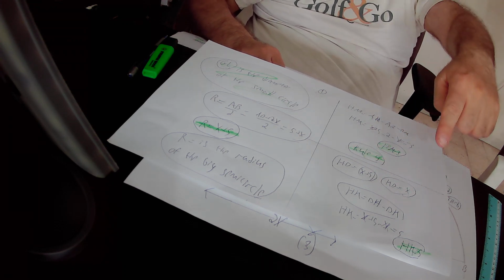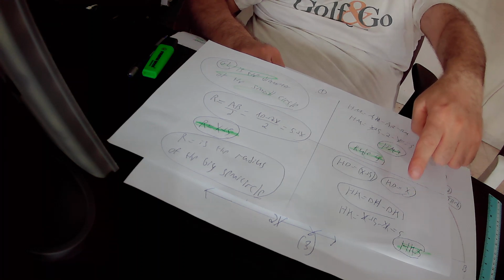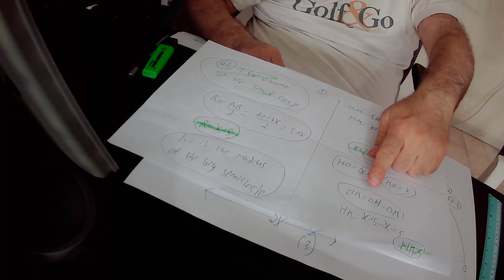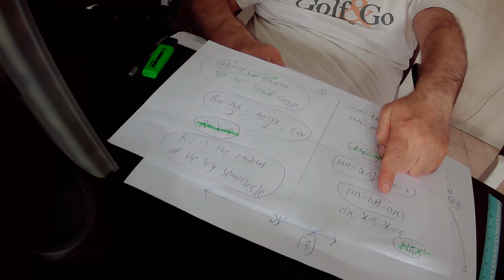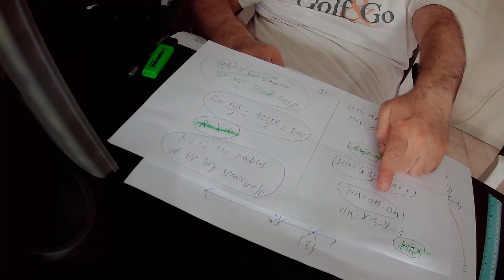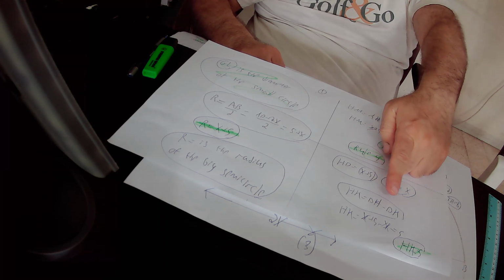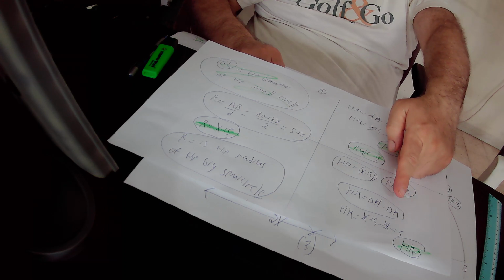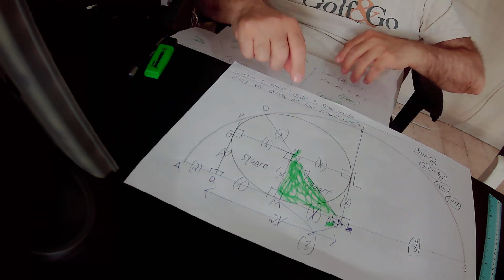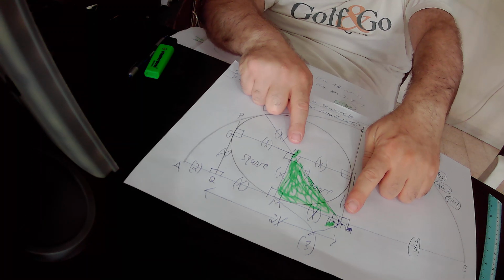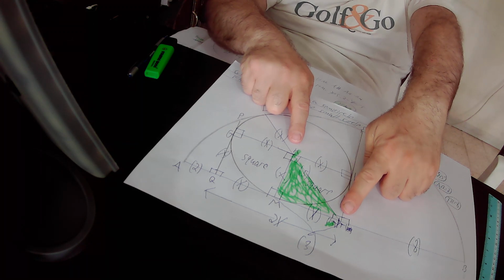KD is the radius of the small circle, that's equal to X. So in total, the missing side KH equals X plus 5 minus X. X minus X is 0, and we are left only with 5. So we found out that KH equals 5 units in length.